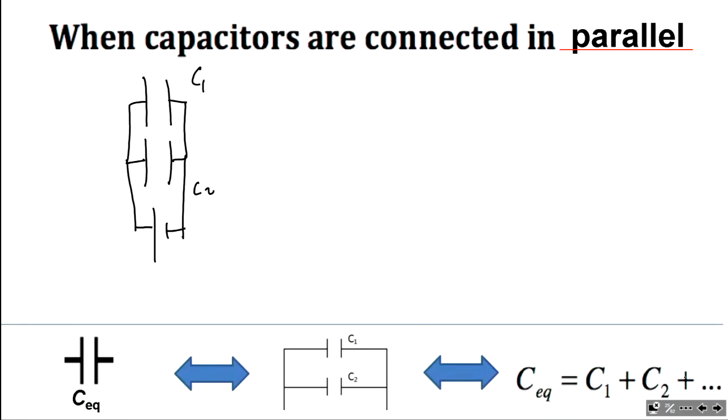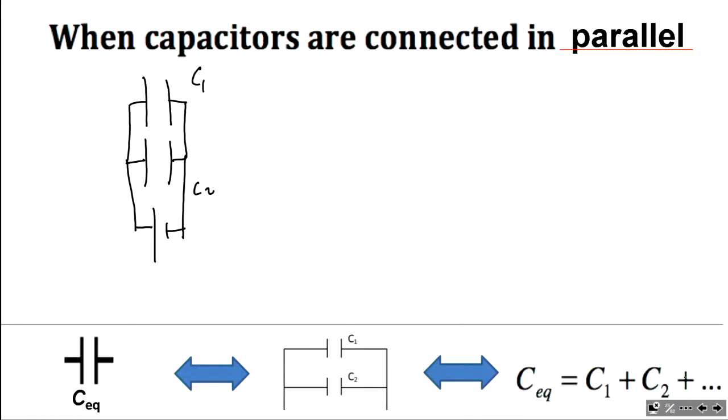When capacitors are connected in parallel to the same battery, the battery makes all plates on the same side have the same potential, which is either positive or negative.